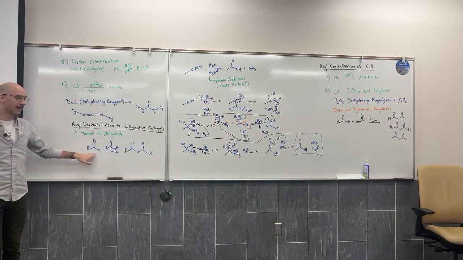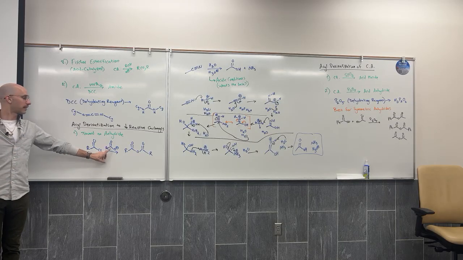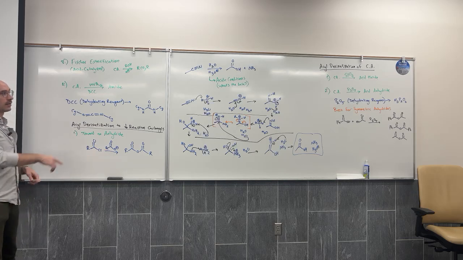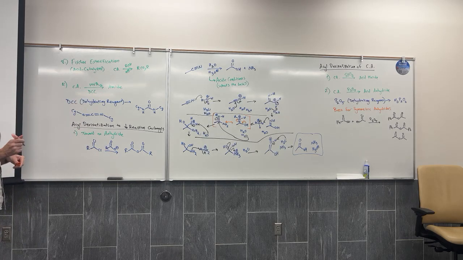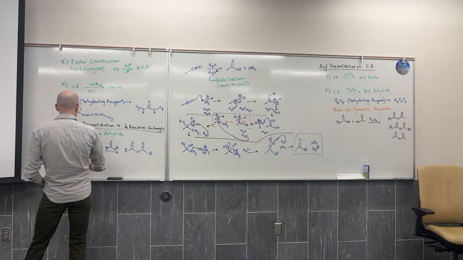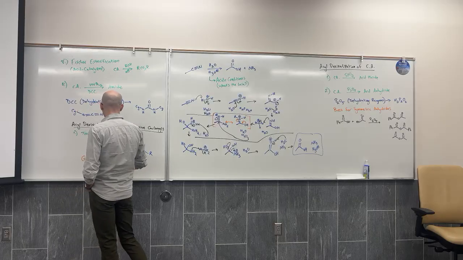Start with the acid halide of whatever group you want on one side, and provide the carboxylate of whatever group you want on the other side. Where P2O5 was not a good reagent for making asymmetric anhydrides, this is a good reagent for asymmetric anhydrides.